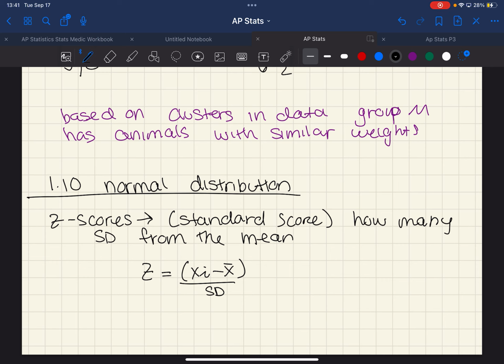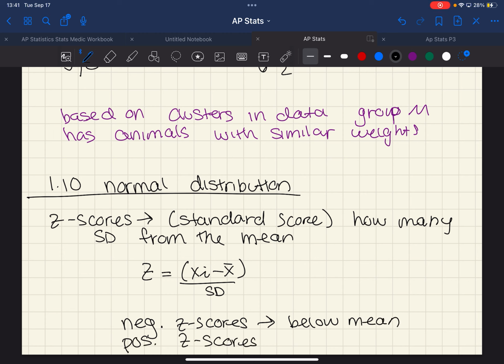So since z-scores are called standard scores or standardized values, we can have negative z-scores and positive z-scores. A negative z-score means that the data value is below the mean. And positive z-scores means that it is above the mean, data above the mean.